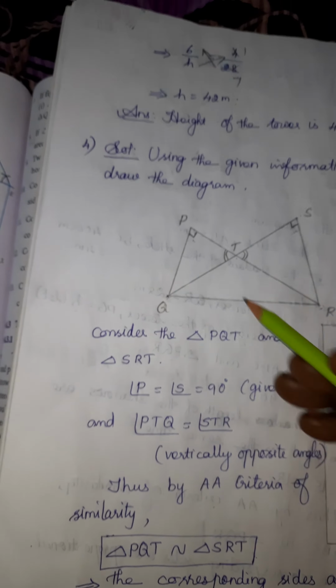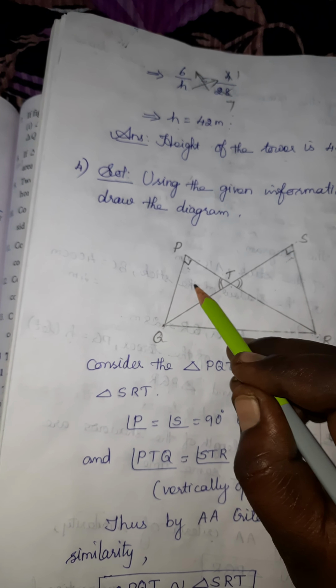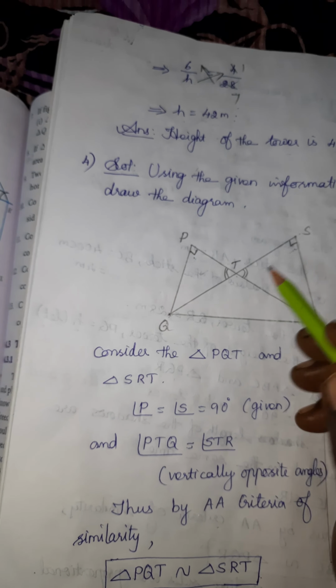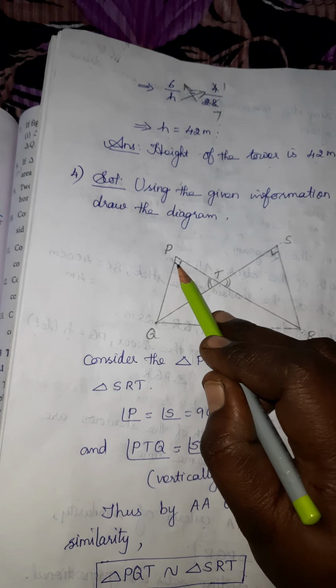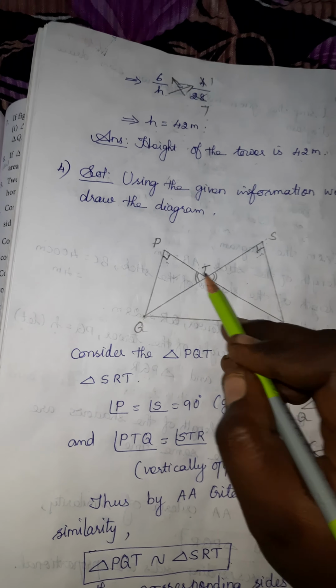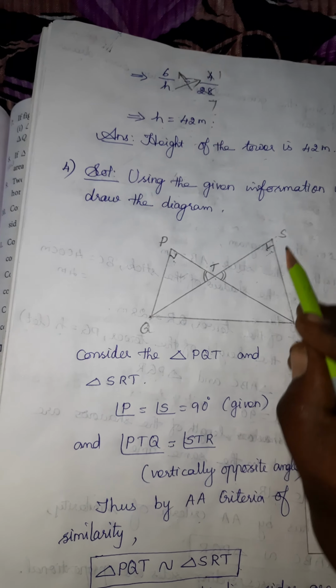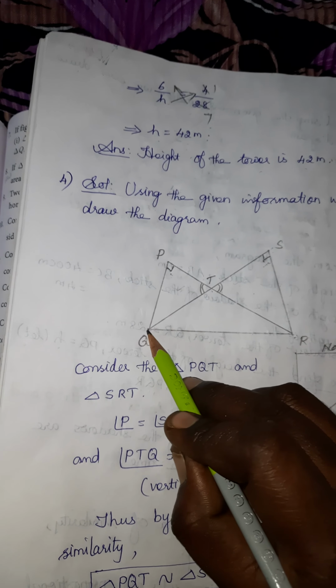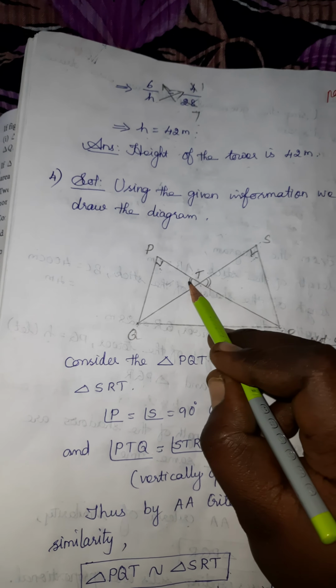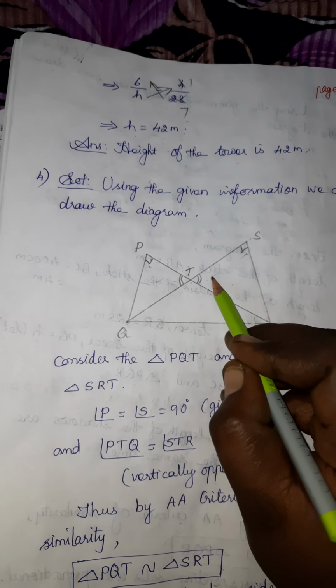Okay, now you see, first you consider this and this triangle. In these two triangles, angle P is equal to angle S, it is given 90 degrees. Then since this line PR intersects with SQ and makes this point T, these two are vertically opposite angles.